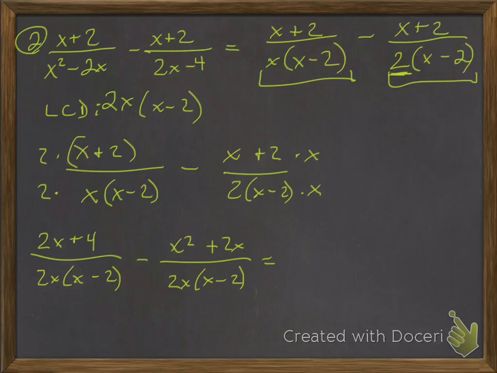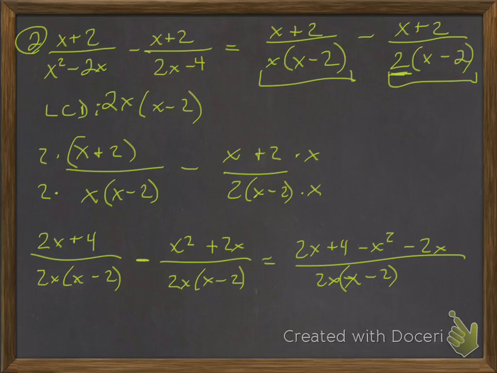And now the only difference with subtraction is, remember that this subtraction sign goes to this whole numerator. Okay, so when you're combining your like terms, it's going to be negative x squared minus 2x over 2x times x minus 2.